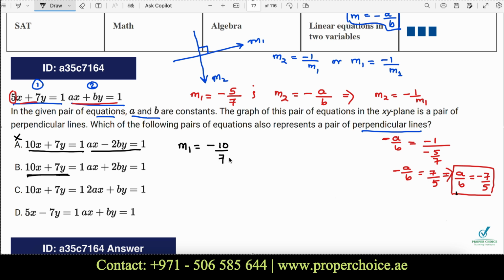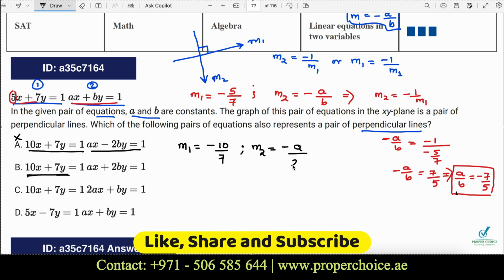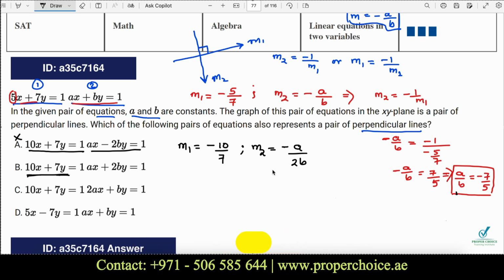and m2 is equal to negative a divided by 2b. Right now, as we are checking the lines are perpendicular, we can write that m2 should be equal to minus 1 by m1.